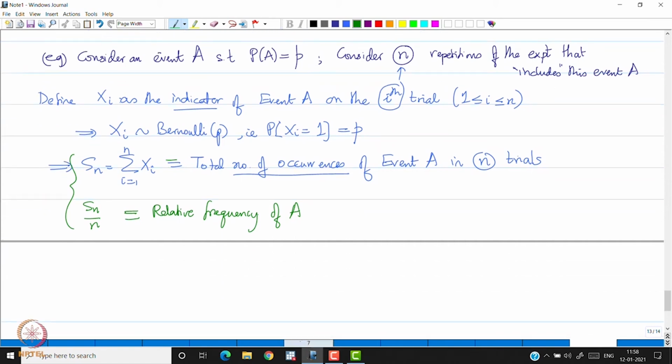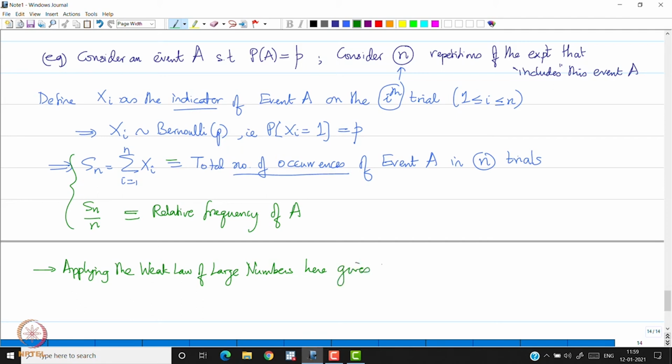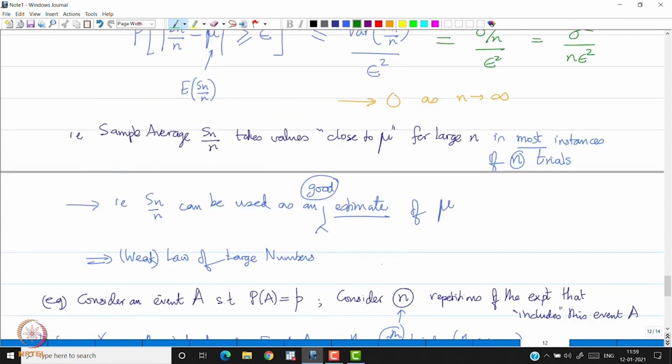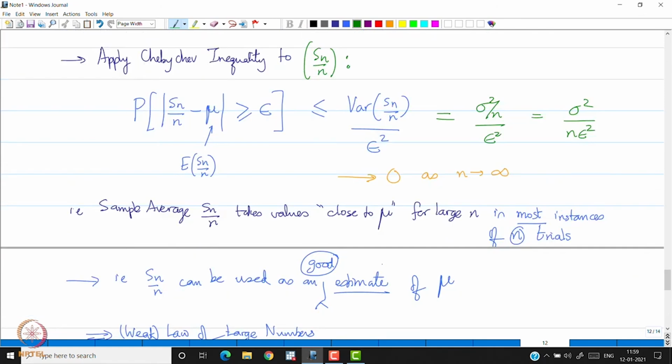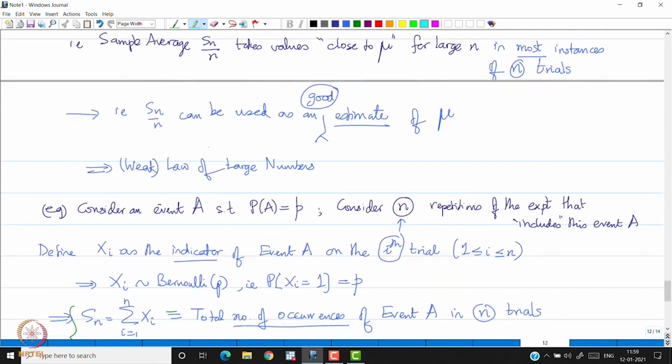So if we now apply the weak law of large numbers, what does it give us? All I am going to do is rewrite this, come back here and redo that.